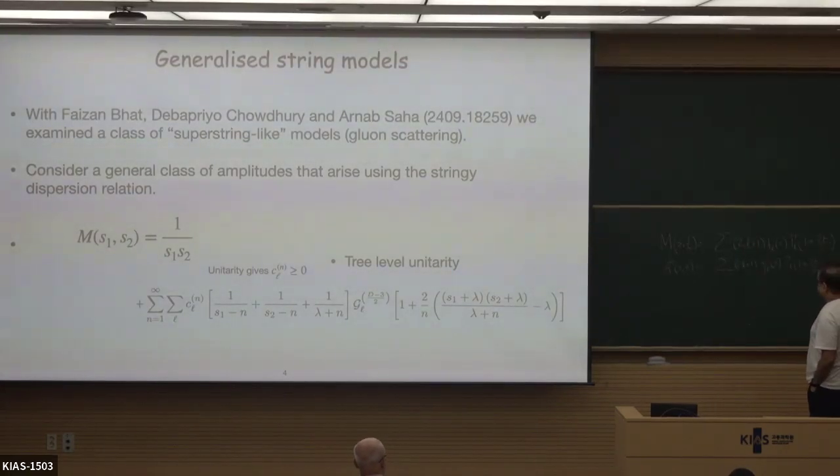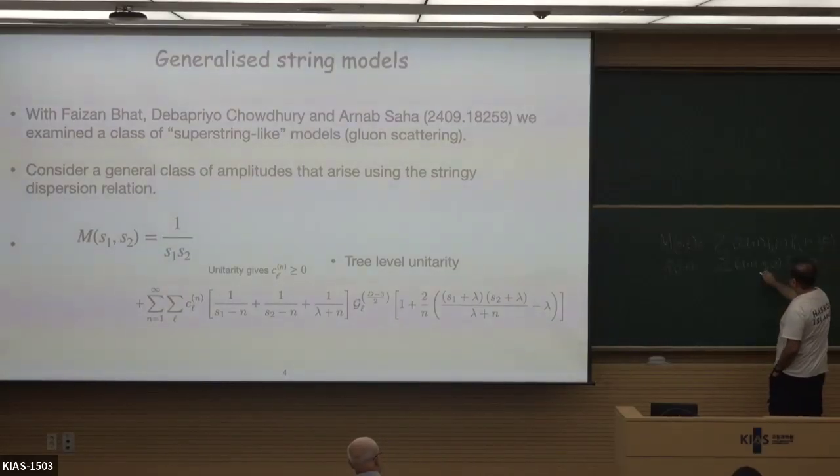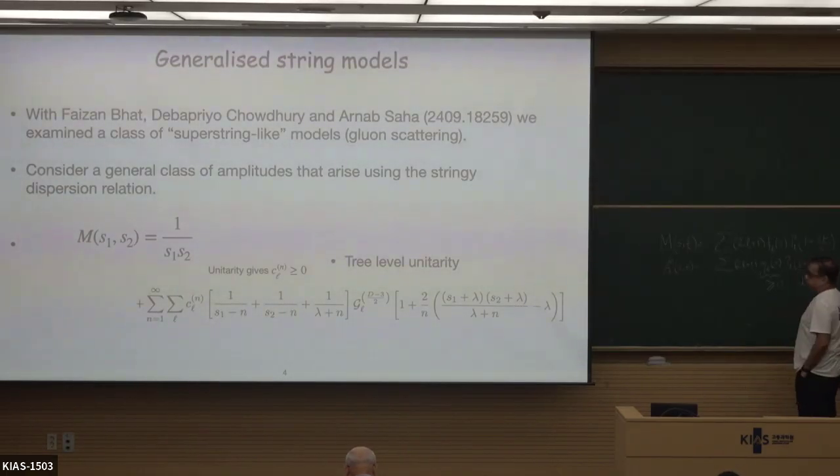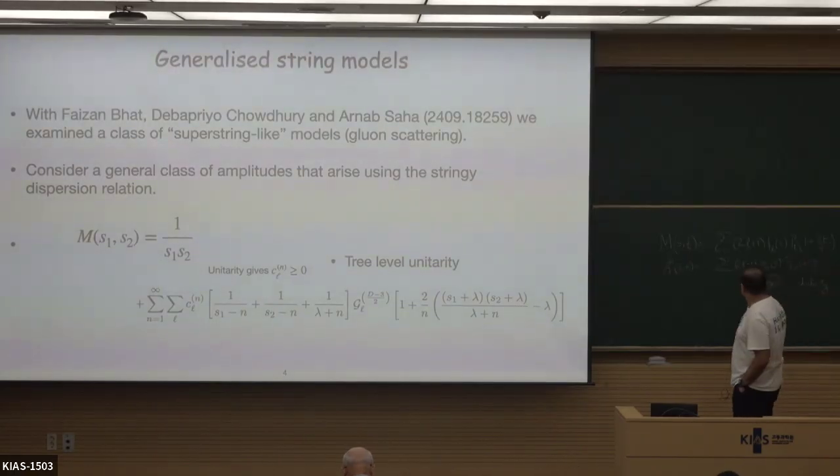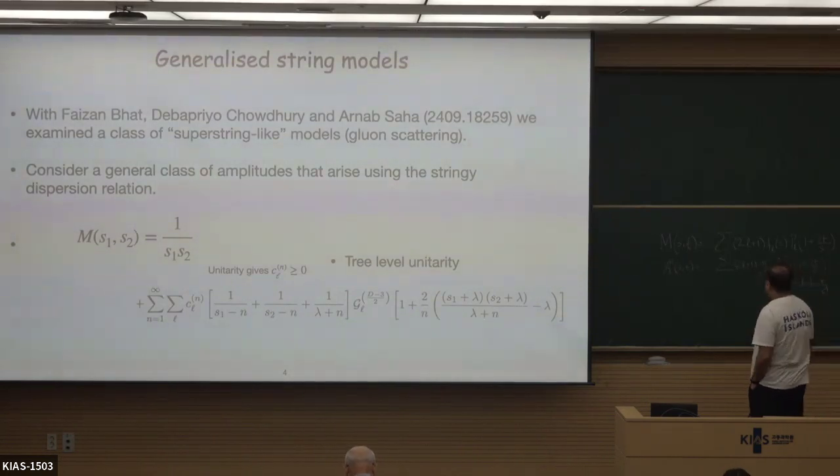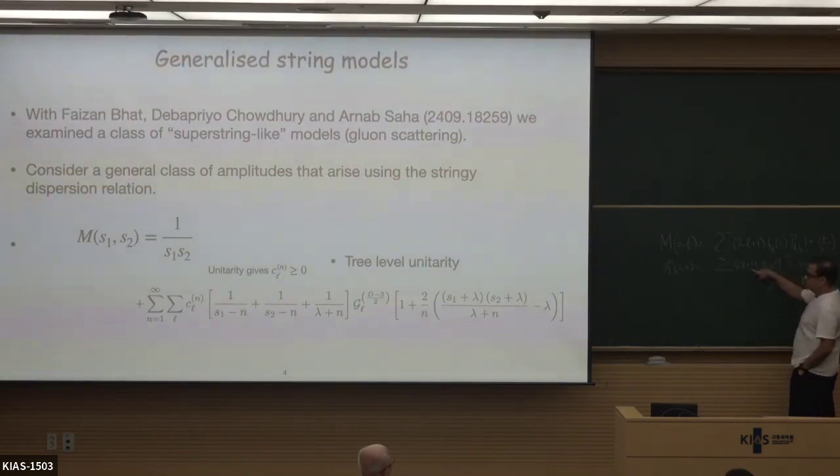And one of the conditions that you get from unitarity is that this eta_L is bigger than or equal to 0. This follows from unitarity. So this is the thing that is needed.